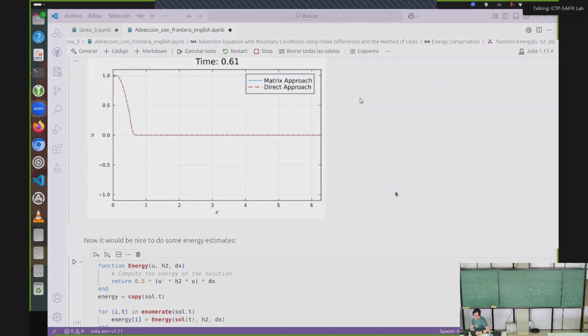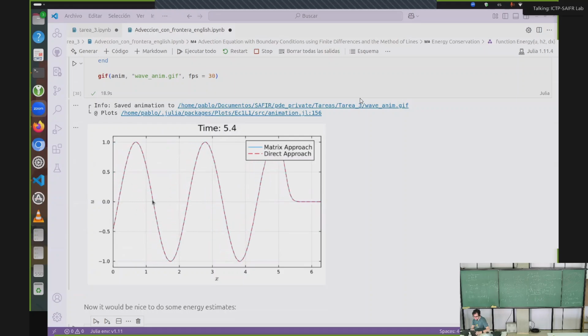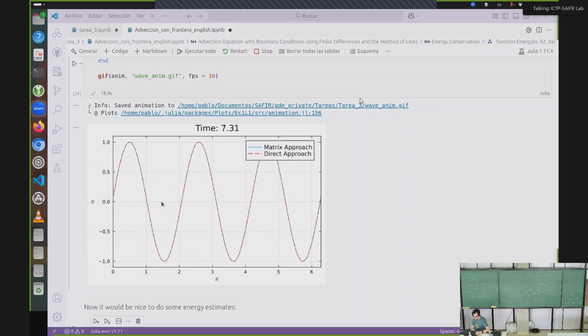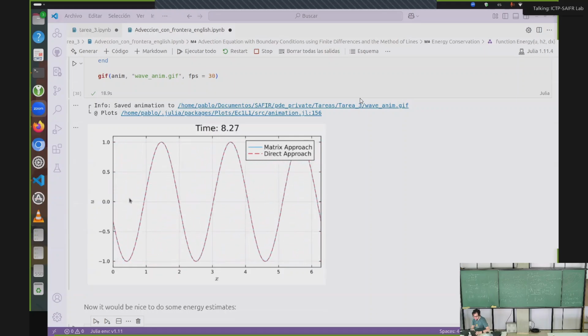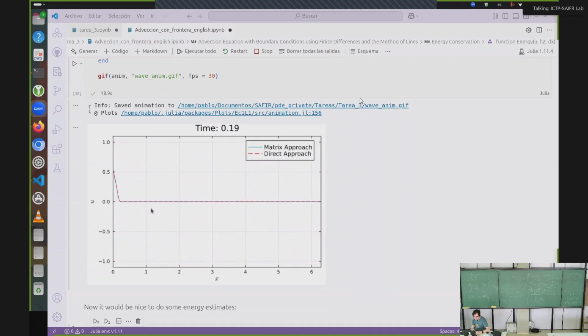So as you can see, both solutions are exactly the same. It's the same operation, and you can see how the sine wave is actually entering the solution, right? And you may see some weird oscillations when the wave first enters. So you see that the shape is not perfectly smooth.